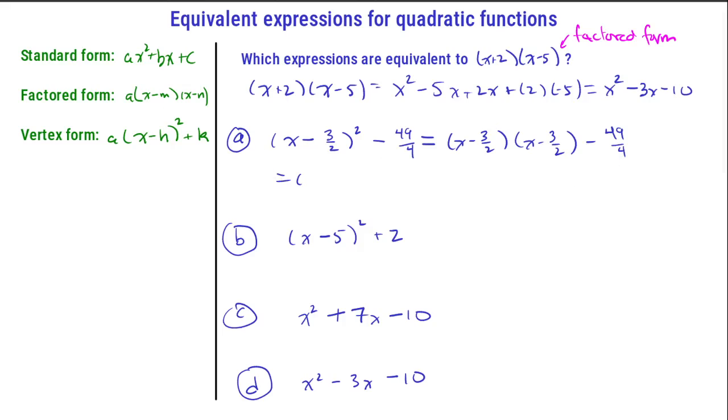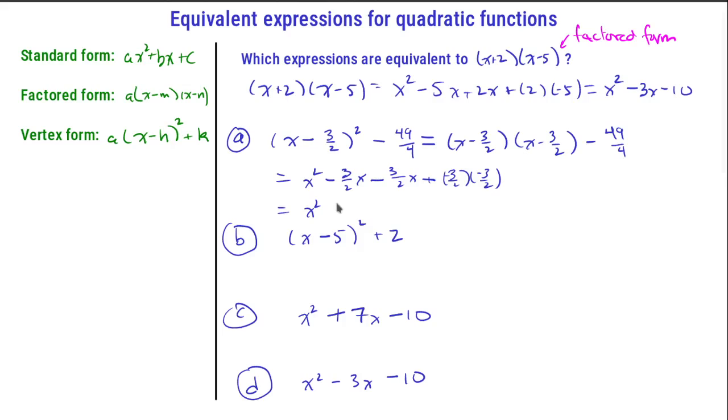All right, so if we FOIL, first term's x times x. The outer term's x and minus 3/2, so minus 3/2 x. Then inner terms, minus 3/2 x again. And the last terms, negative 3/2 times negative 3/2.